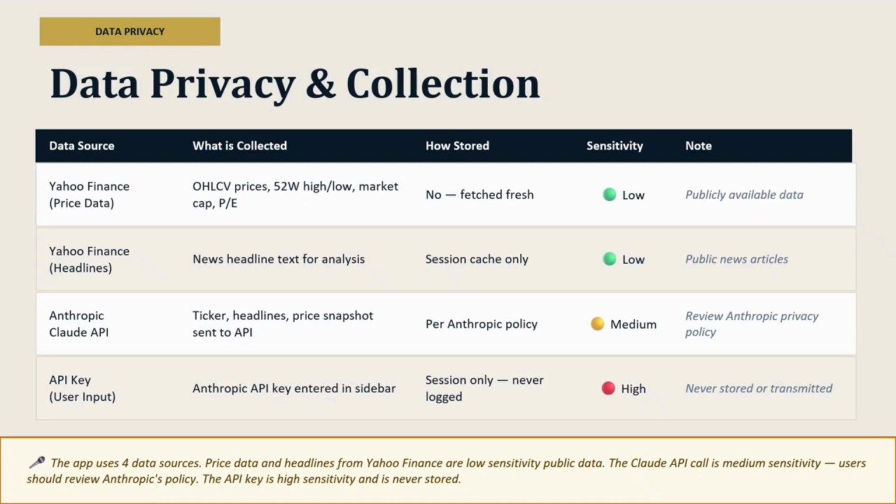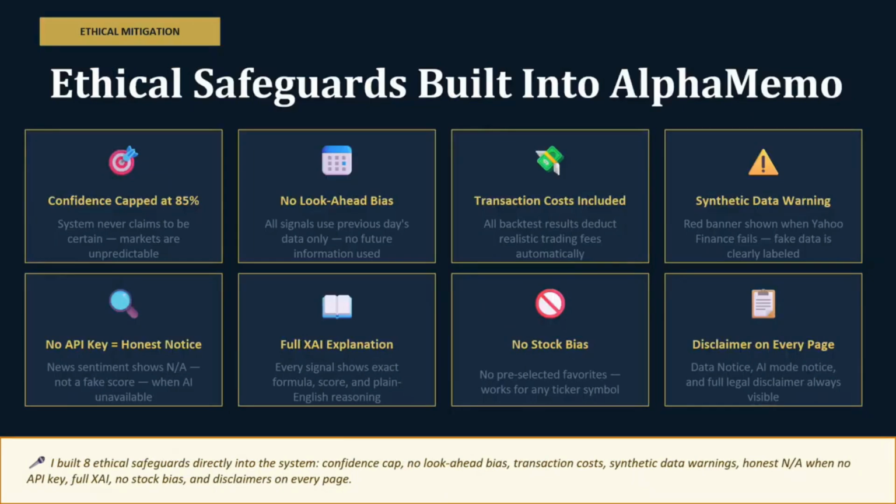Now let me show you the safeguards built into the code. I built eight ethical safeguards directly into the system. One, confidence capped at 85%, never claim certainty. Two, no look-ahead bias. All signals use previous day data only. Three, transaction costs automatically deducted from every backtest result.